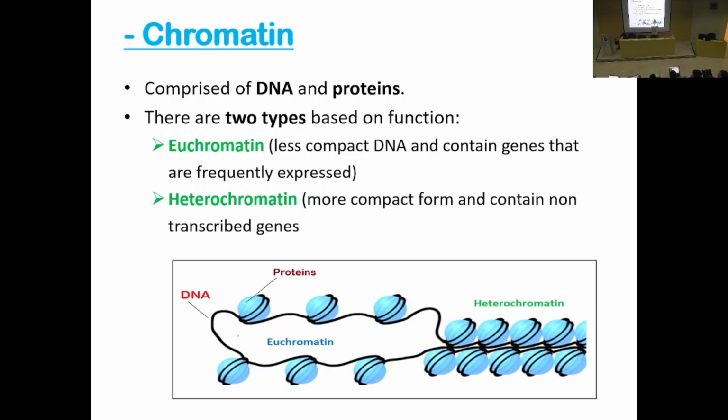So it's less compact. The DNA and the genes present in the euchromatin will be transcribed, and we will get protein from them. However, the ones in heterochromatin will not be expressed at all. Okay? Clear? Okay. So this is for the chromatin.